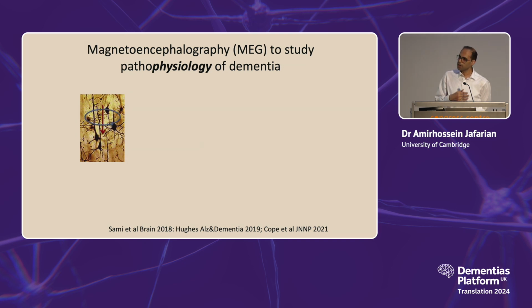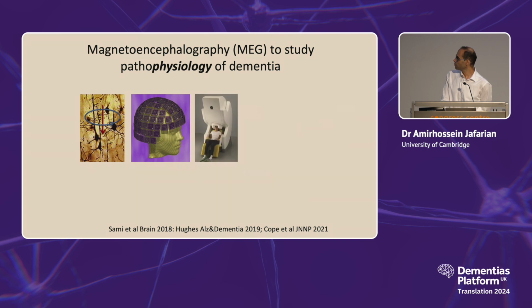But there is a magnetic field around this electrical current, which can be captured by a more advanced device that we call MEG. This device has been found very useful and less distorted by artifacts like skull artifacts or tissue distortion like EEG. So it gives us a clean picture of neuronal activity in the brain.